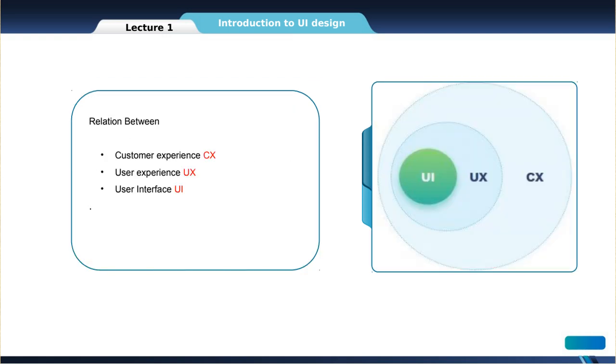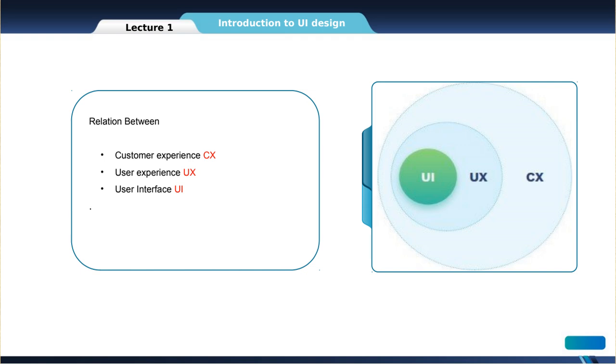In this diagram, I illustrate the hierarchical relationship between customer experience, user experience, and user interface, which are closely related but distinct concepts. The customer experience is the broadest layer. It includes the entire customer journey from marketing, sales, and services to using the product.